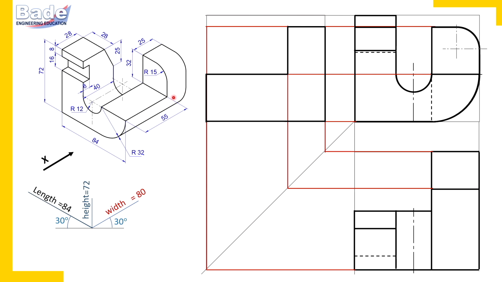And this lower portion, this lower quarter circular block, appears as a rectangle in the top view and a rectangle in the side view. And because this upper portion and lower portion meet tangentially, there should not be any edge here. So this is how we have completed that shape.